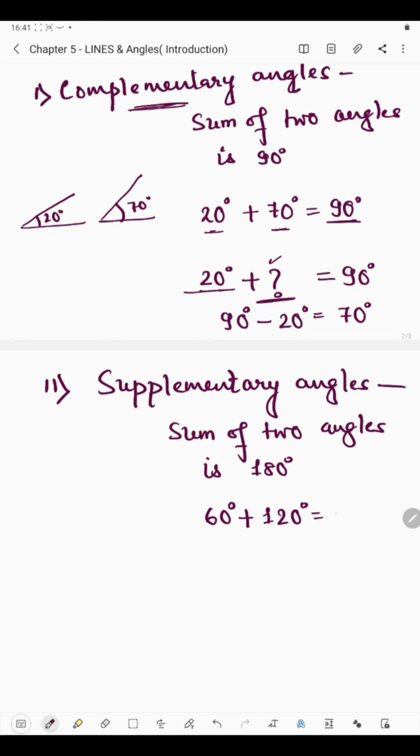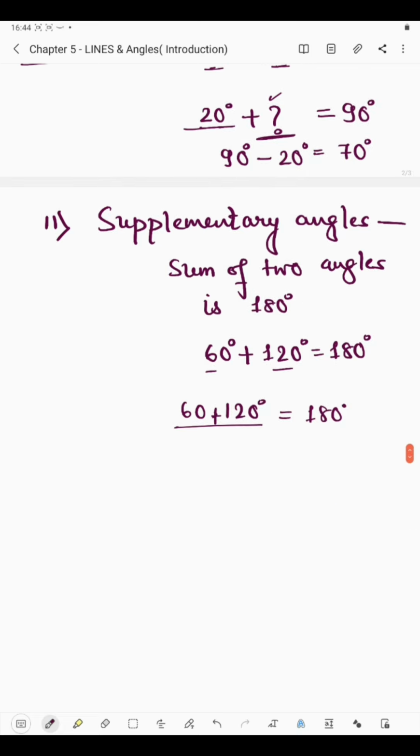So the sum of these angles is 180 degree. So these angles are known as supplementary angles. Okay. And if the question comes like this, where two angles are given and you have to find whether they are complementary or supplementary, then you find the sum of the two angles. Since it's 180 degree, this is supplementary.